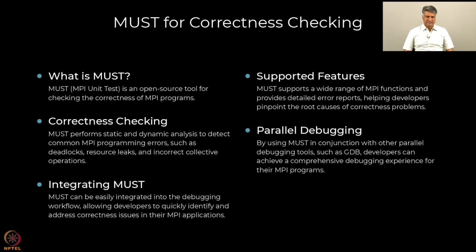MUST can be easily integrated into the debugging workflow, allowing developers to quickly identify and address correctness issues in their MPI applications. It supports a wide range of MPI functions and provides detailed error reports, helping developers pinpoint the root cause of correctness problems. By using MUST in conjunction with other parallel debugging tools such as GDB, you can get comprehensive debugging for your MPI programs.